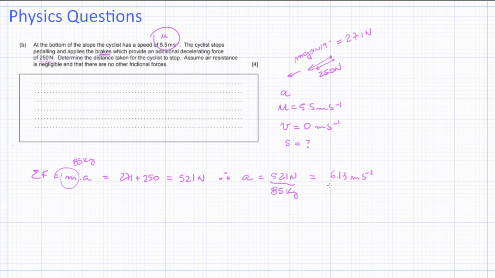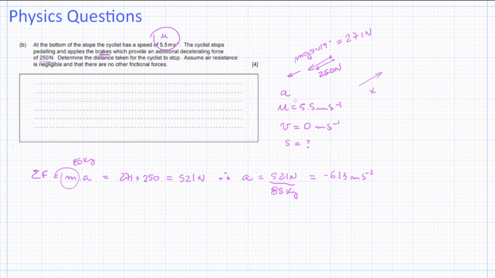Okay? If you decide on a frame of reference, for example, to be positive in the direction of going up the slope, then this acceleration would be negative. I am going to assume that this is negative. Why?